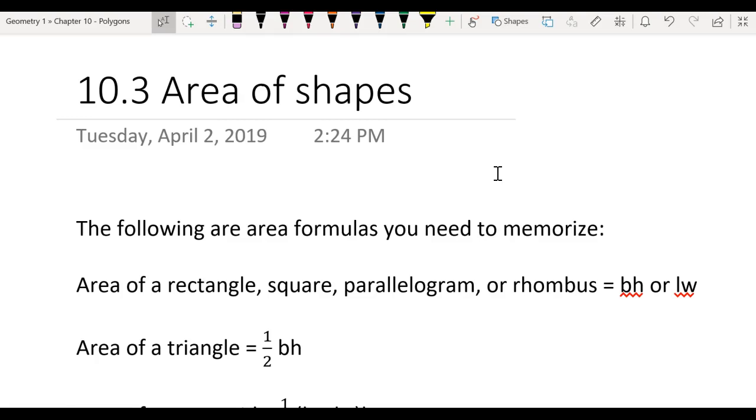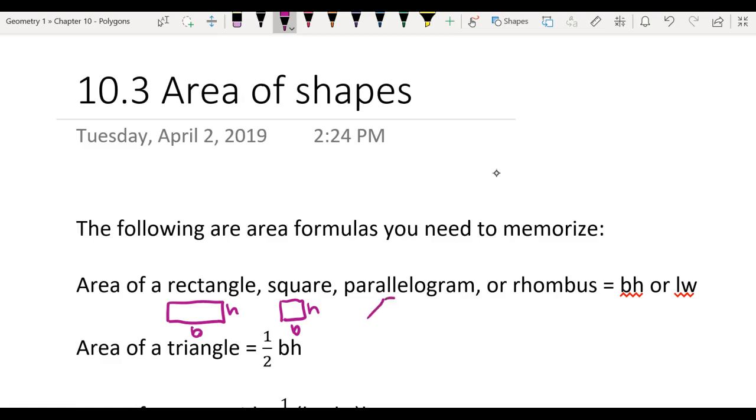So, for example, with a rectangle, this is your base and this is your height, correct? A square, your base and your height are going to be the same number, right? Because your sides are the same.